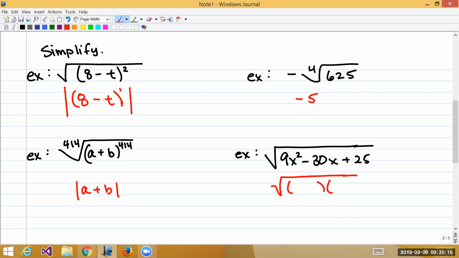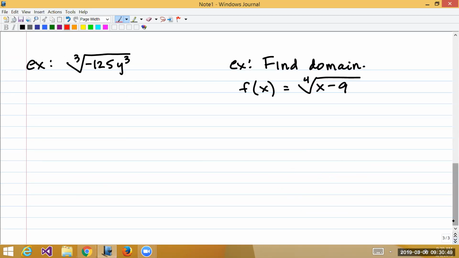If we factor this, we end up with 3x minus 5 times 3x minus 5. So now we want to find a pair of the same factor, which in this case we do have, 3x minus 5. So we'll put 3x minus 5. And we wanted a positive, the principal root. So this could be negative, therefore we'll put absolute value bars.